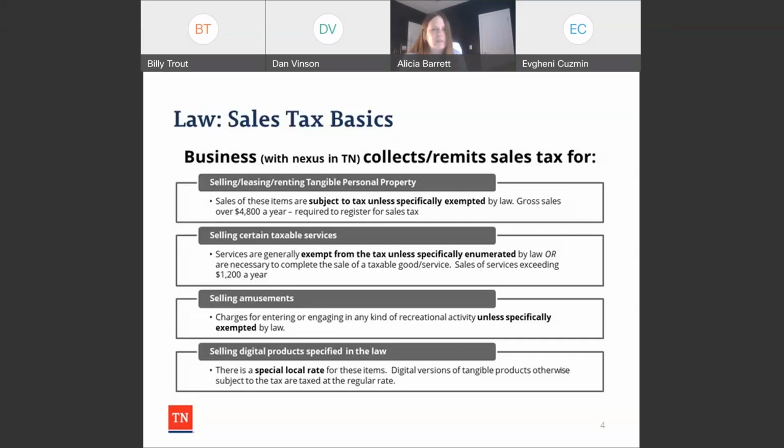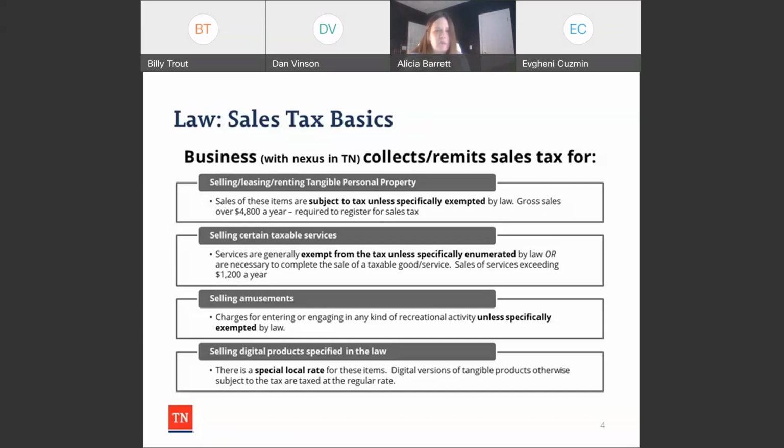If it is a piece of tangible personal property, and we'll get into the definition shortly, it is going to be subject to tax unless you can find it specifically exempted in the code someplace in Title 67, Chapter 6.